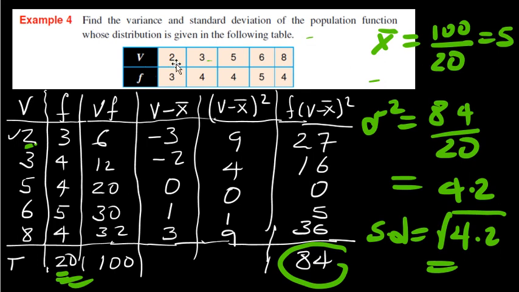Therefore, the new variance will be 4.2 times 5 squared, according to the rule. The new variance is the old variance times the square of the constant multiplied. And the new standard deviation will be the old standard deviation times the absolute value of 5.